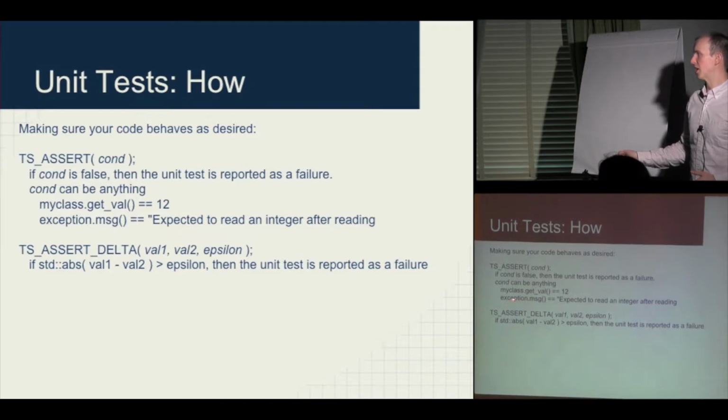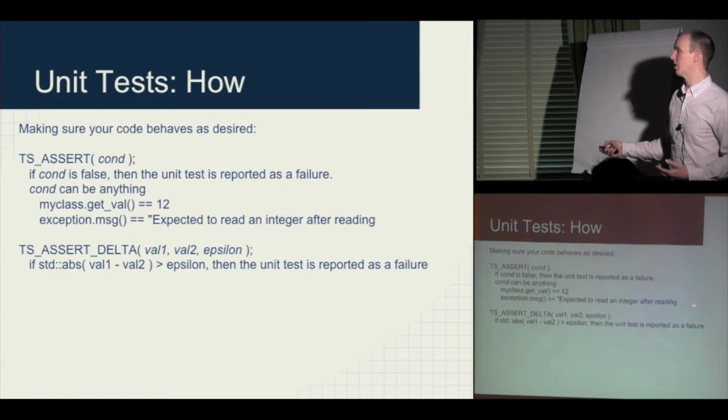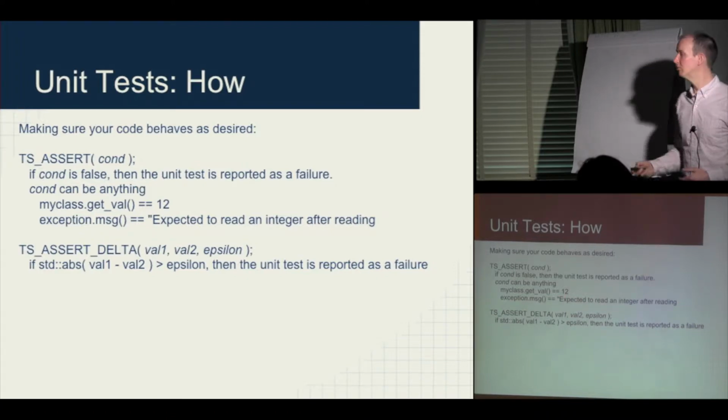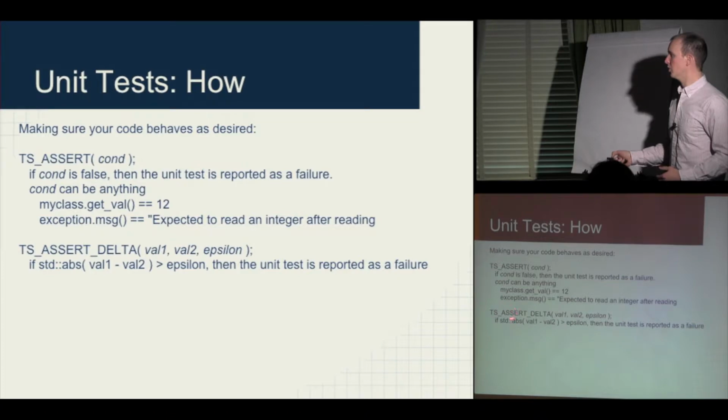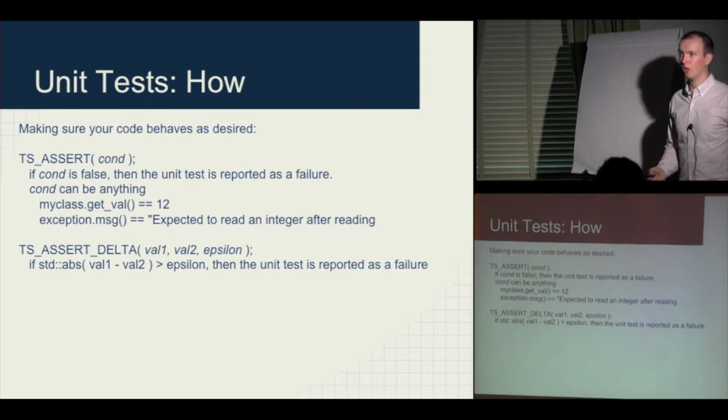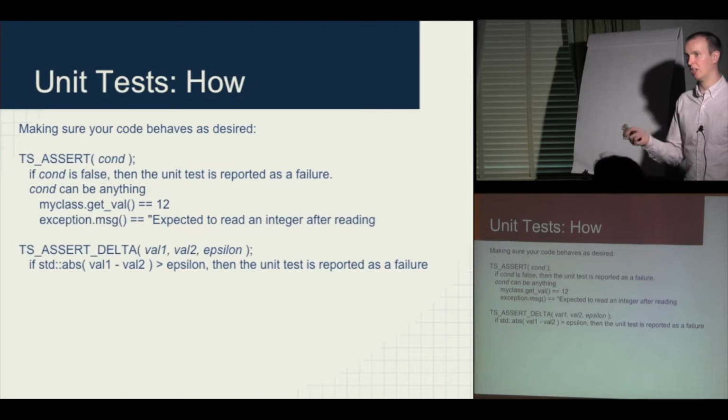For instance, you could also say if you've caught an exception, you can ask for the message that comes with that exception, and you could compare it against some string. So there should be a closing quote here, but you could compare it against that. That's a fine condition also. You can also say that two floating point values should be near each other within some epsilon.